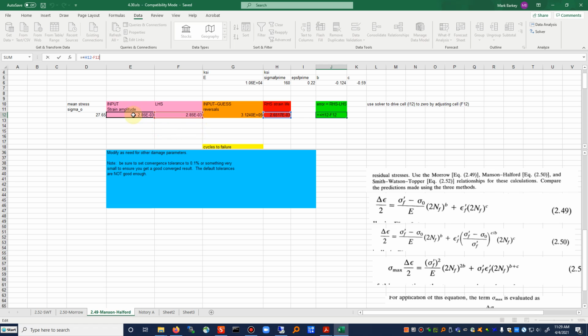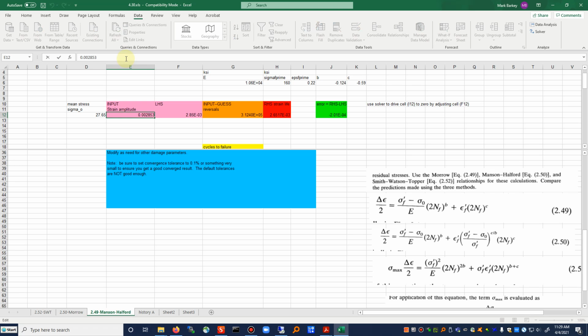It says strain amplitude, so that's H12 minus F12. Make sure that I have this set up right.